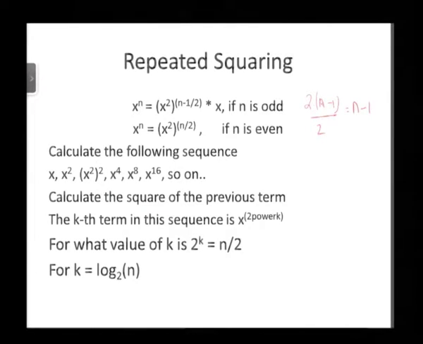Observe that when n is odd, n minus 1 is even, therefore n minus 1 is then divisible by 2. So, therefore, the left hand side is an integer, you get the value n minus 1, and then you multiply by x. Therefore, this is basically x power n minus 1 multiplied by x when n is odd, and when n is even, it is very clear, it is x square whole power n by 2.